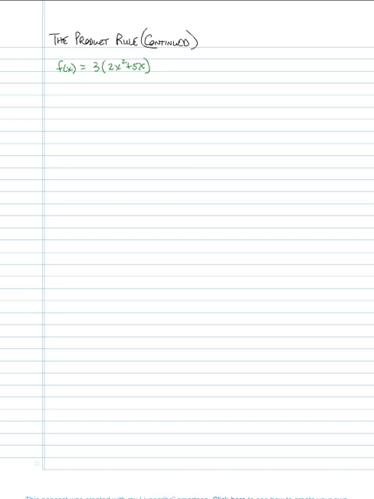We could clearly multiply the 3 with the 2x squared plus 5x and then find the derivative. We wouldn't have had to use any special rule except just our basic rules. But I'm wanting you to see the connection on how things would work if we applied our different rules in different ways.